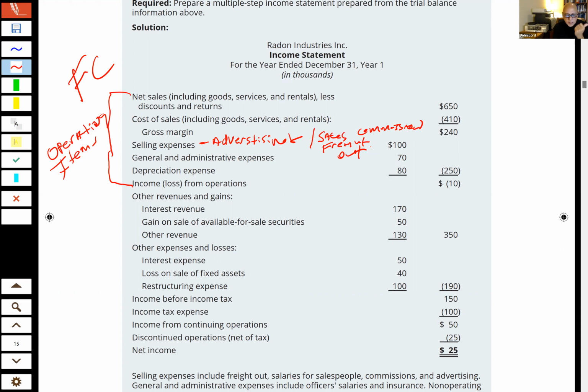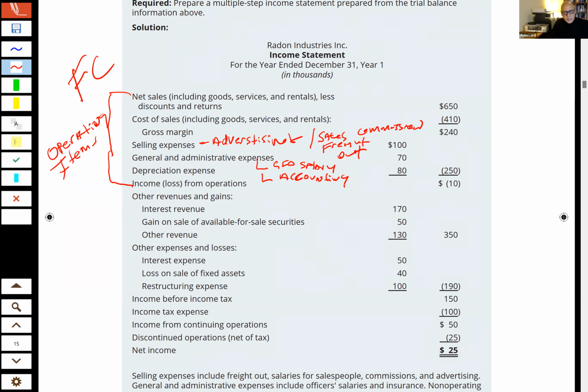So advertising, sales commission, good. Freight out. General and administrative expenses. Classic example is what? The CEO's salary. What else? Accounting. Is an administrative expense.